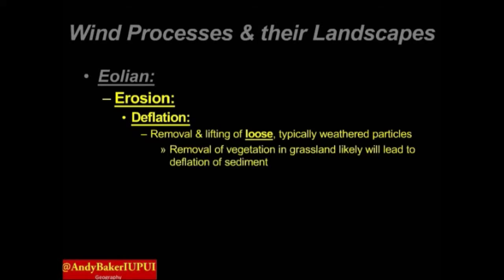And so once again, we see the idea of removal of vegetation in grassland areas likely leading to deflation of sediment, to actually use that term in a sentence. So one of the things we see around deserts, the peripheral areas surrounding deserts, is what we call desertification. So essentially the idea is that the deserts of the world are getting bigger. What's causing them to get bigger?